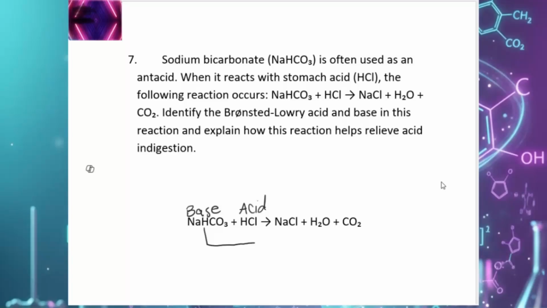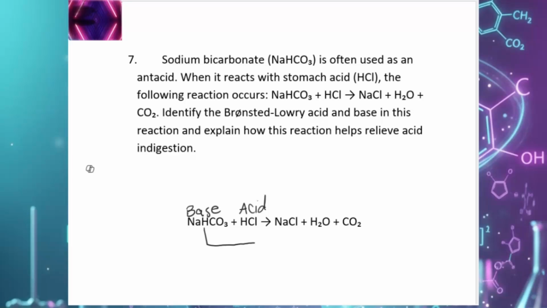So again, in this particular case, this is what you've got. And also, we could put this as a side note. HCO3 with the negative charge would be the Brønsted base.